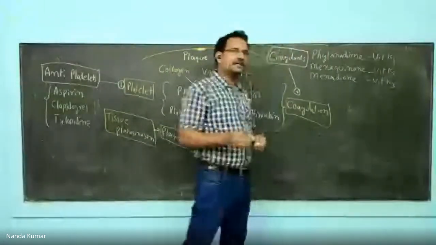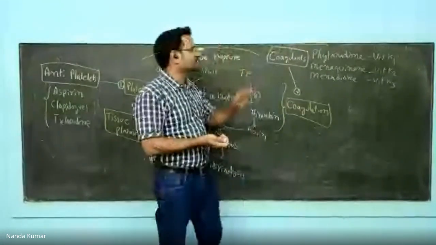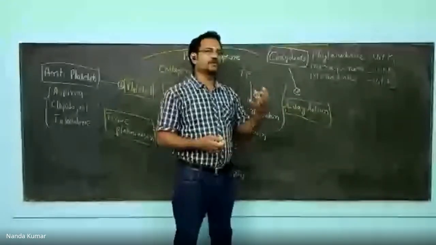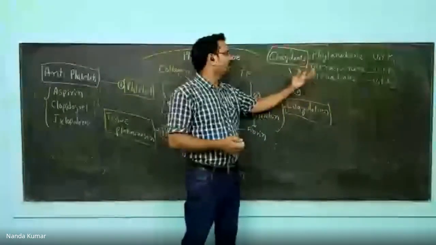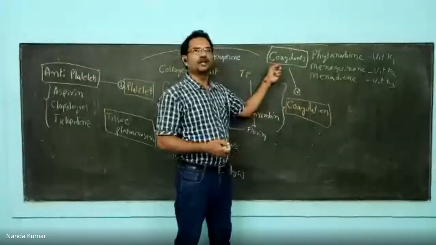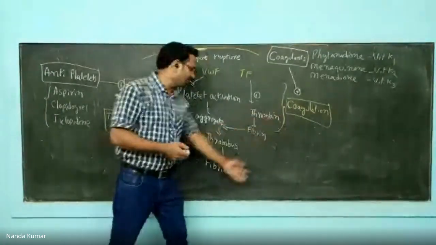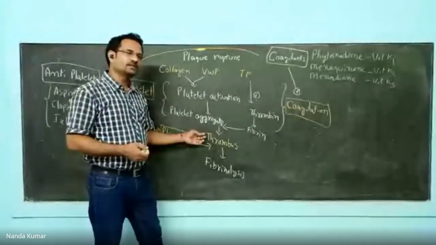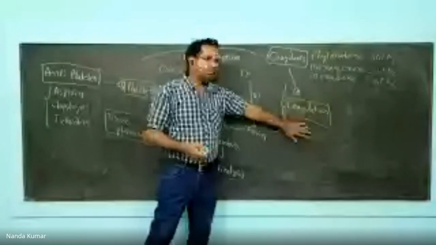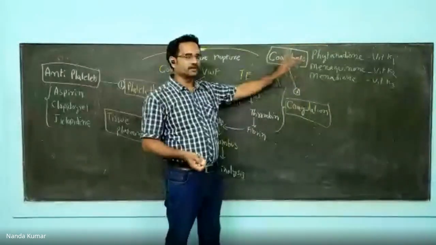See the importance of green leafy vegetables, as well as intestinal microorganisms, which also synthesize a certain amount of vitamin K. Vitamin K is a potent coagulant. It activates the entire process of fibrin formation, which will help in the formation of thrombus. So the coagulation is activated by coagulants.